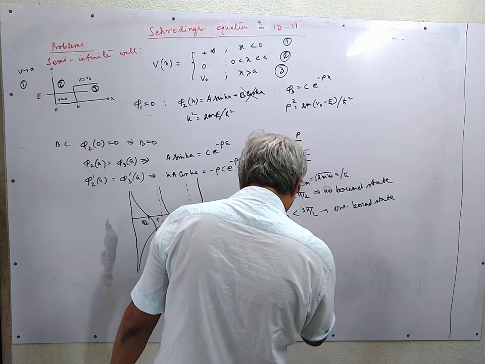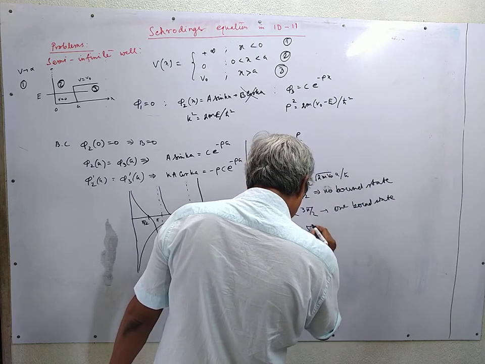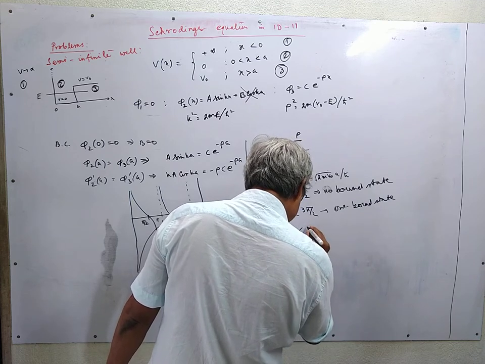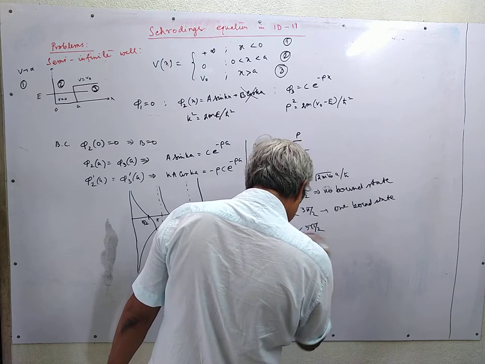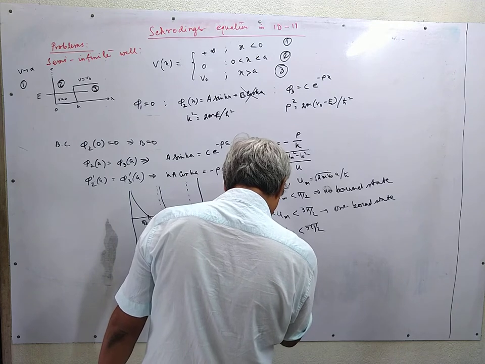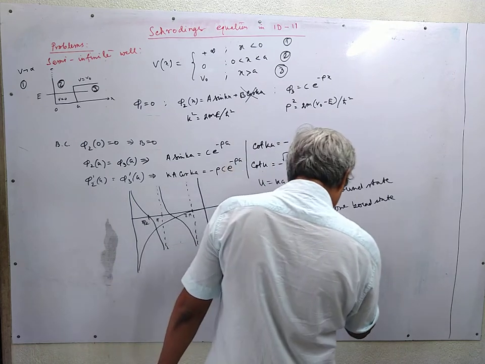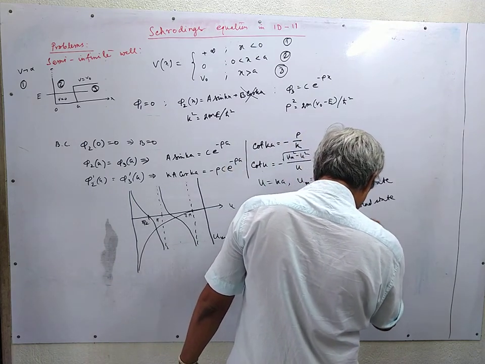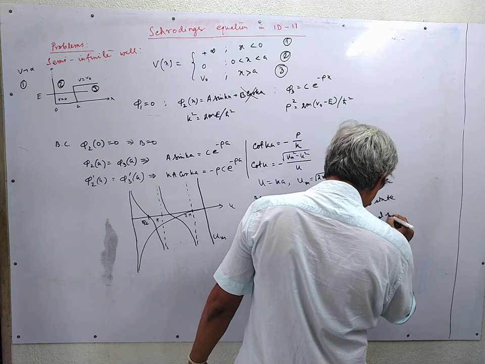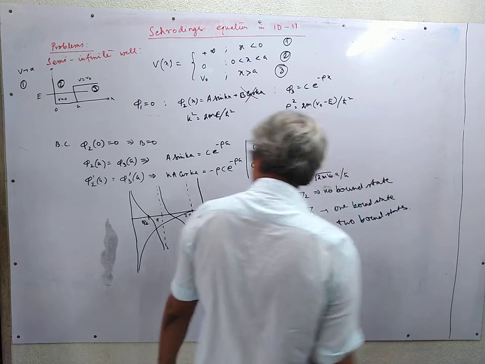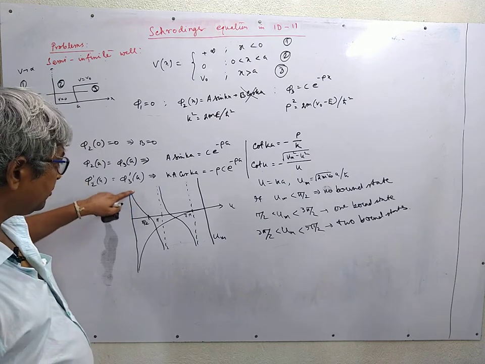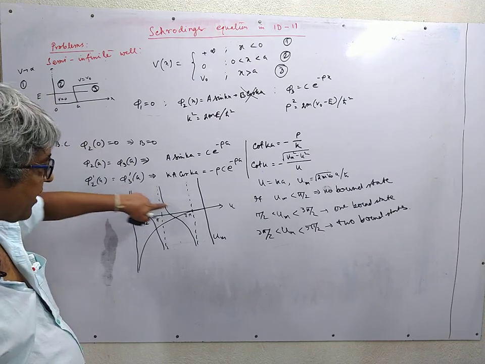Then if u_m is greater than 3 pi by 2, two bound states. Because the upper half, there will be no bound state from the upper half.